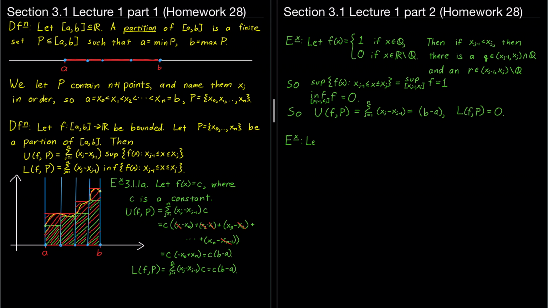I'm going to let f of x equal x, and we're going to see how we use the upper and lower Riemann sums to estimate the area under a curve. Now, of course, in this case, the curve is just a trapezoid. Here's a, here's b.